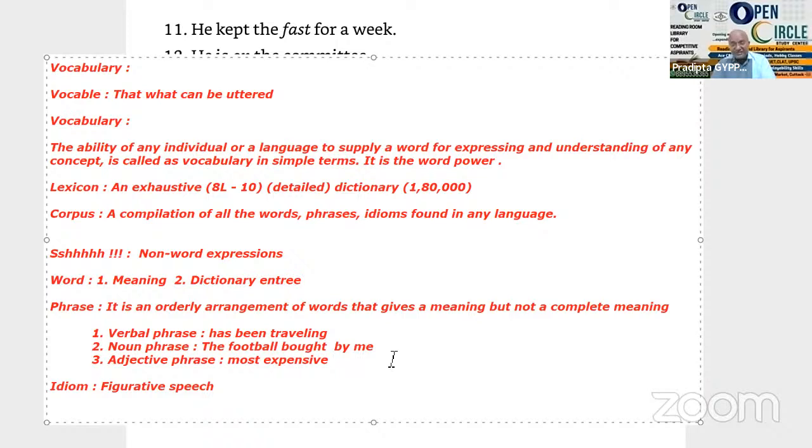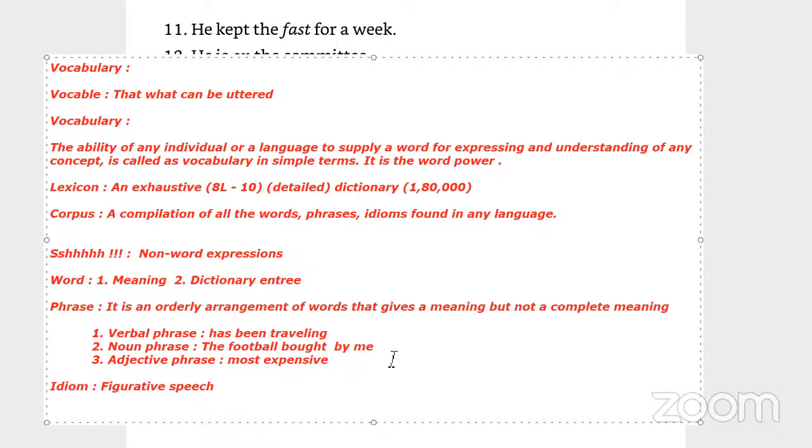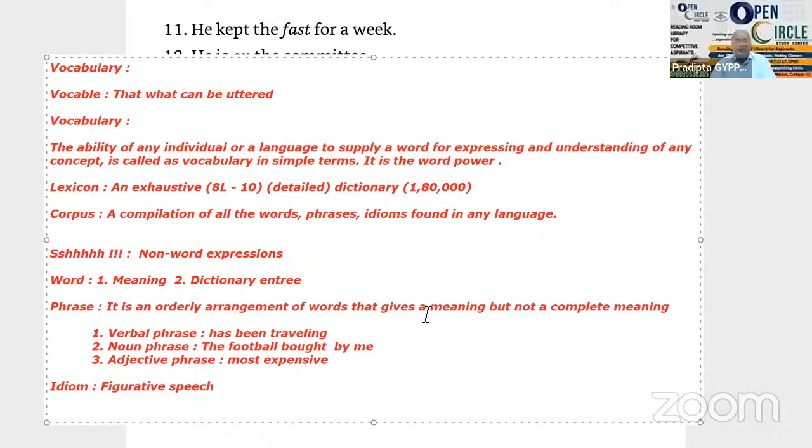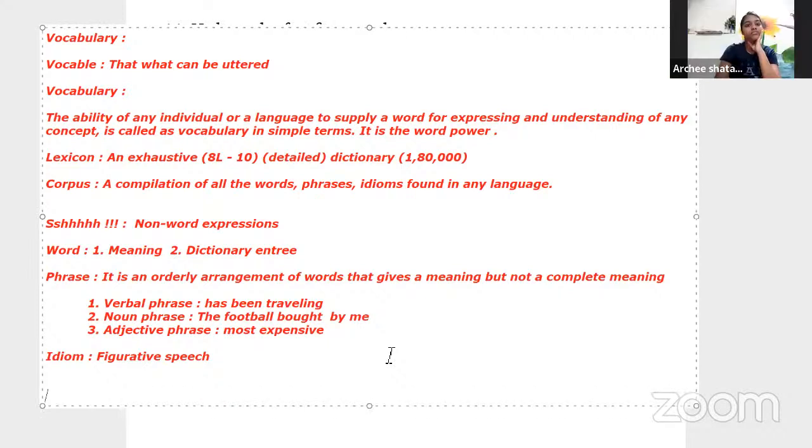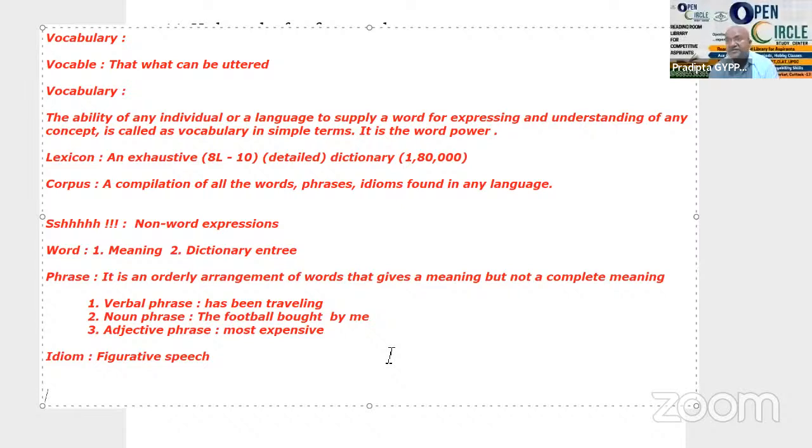Good question. Important question. Fortunately, we have research for it. The research has proven that if you are a matriculate, meaning if you are completing 10 years of schooling, your minimum vocabulary should be 20,000.